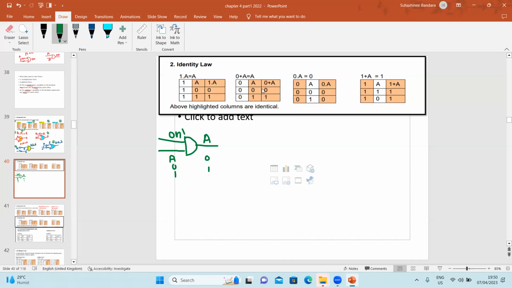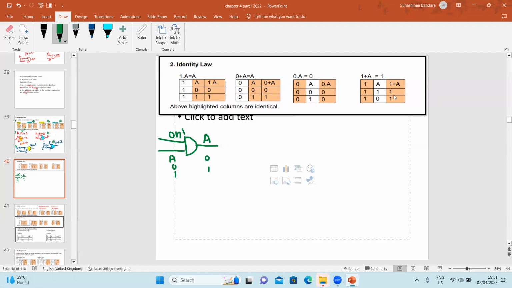So that is equal to A. The next one, 0 into A. Whatever the value multiplied by 0, that will be 0. 0 into 0, 0, 0 into 1, 0. Next one, 1 plus A. This is obviously 1. Why? A may be 0 or 1. Whatever the value plus 1, the answer should be 1.